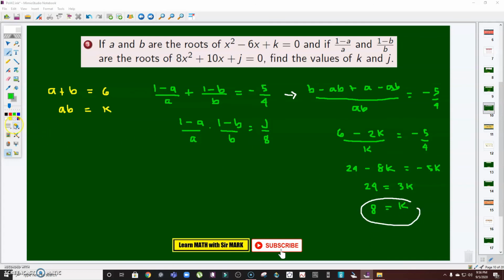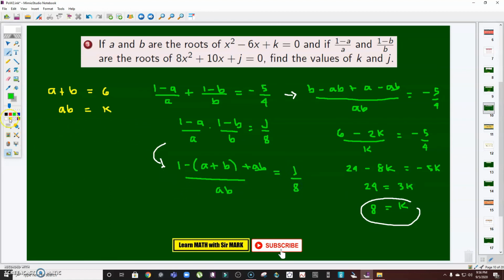On the other hand, for this one, if I manipulate this equation, I multiply 1 minus a times 1 minus b. In the numerator, applying the FOIL method, we're going to have 1, negative a minus b, factor out negative 1, we have negative of quantity a plus b, plus ab, all over ab equals j over 8. See that?